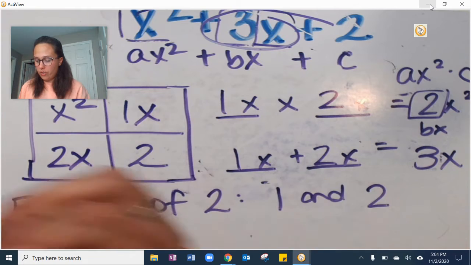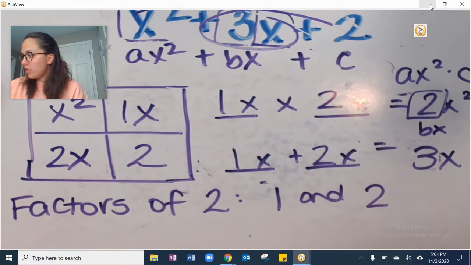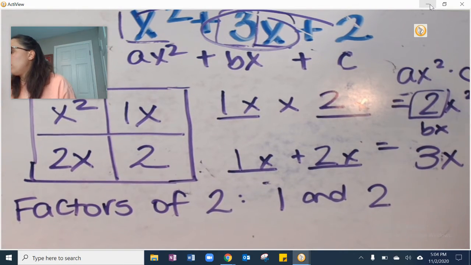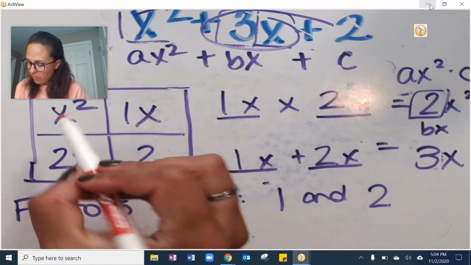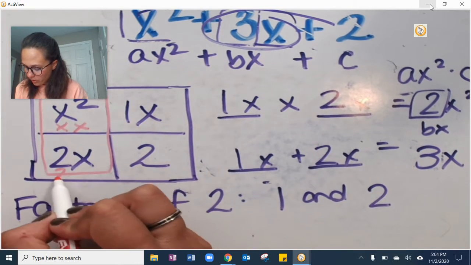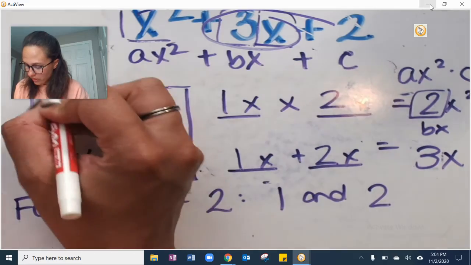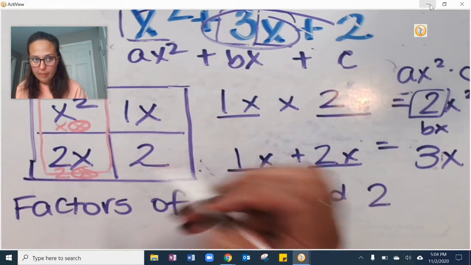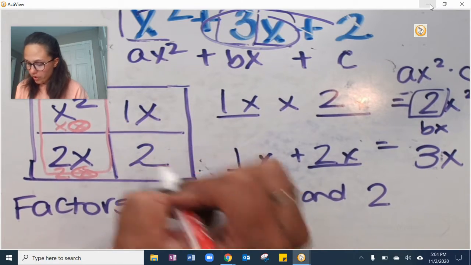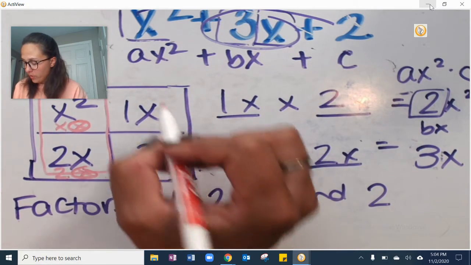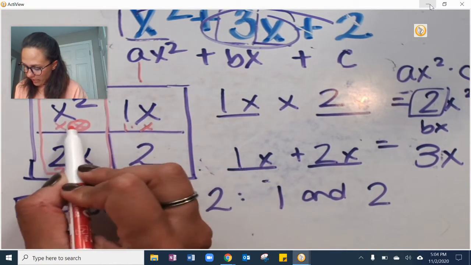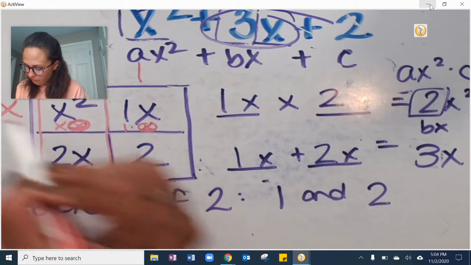So now we're going to factor out the greatest common factor from each column and each row. So from this column, we have two x's, a 2, and an x, so we can take out x, right? They have an x in common. From here, no variables in common, 1 and 2, while the only factor that's shared between them is 1. For here, we have 1x and then x and x, so we can take out an x.